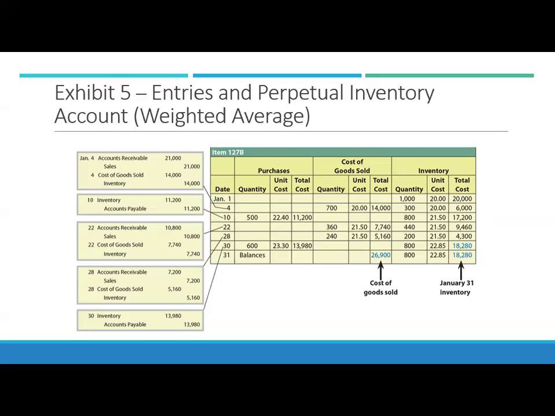We have to add all of that up. So we have 800 units here, and 17,200 is the total here. And we have to divide 17,200 by the total number of units, and we get our new weighted average cost of $21.50.